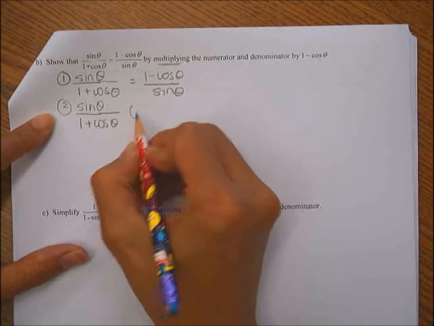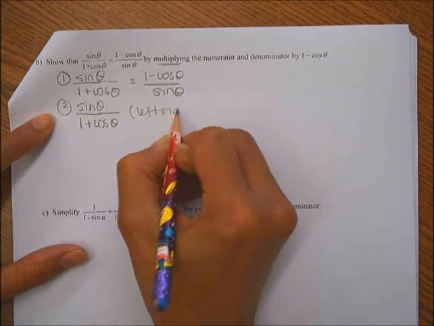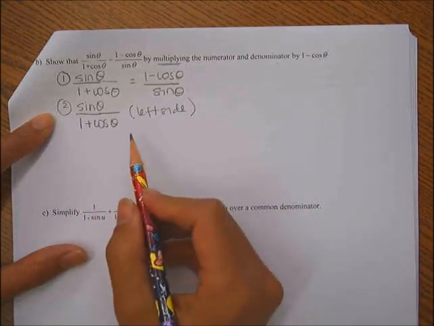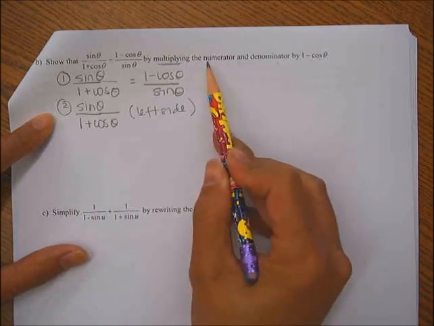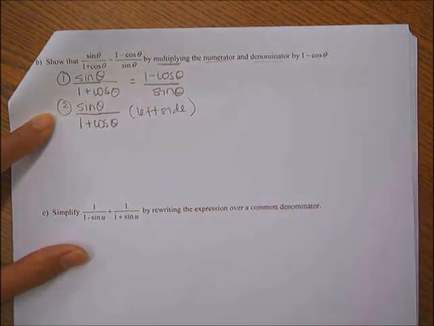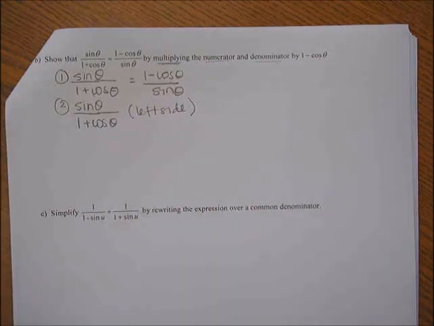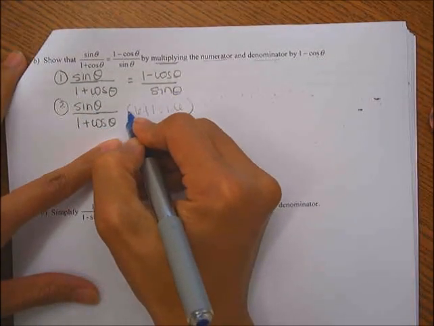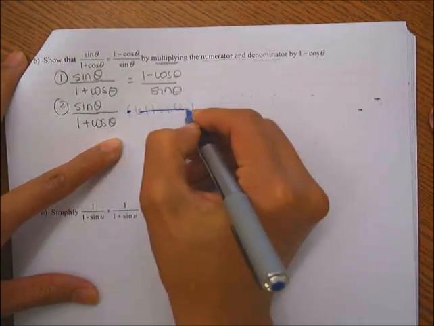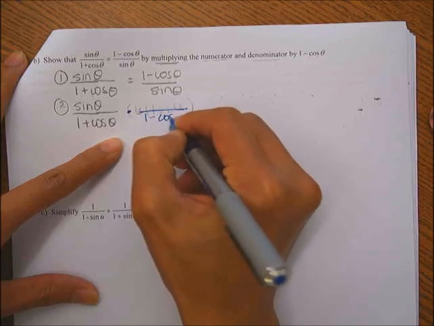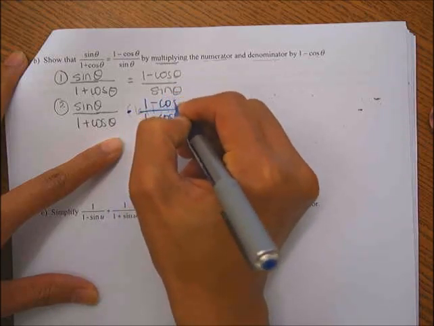In this case, I'm picking the left side. It says to multiply numerator and denominator by 1 minus cosine of theta. Let me erase this because I need to multiply. So multiply by 1 minus cosine of theta over 1 minus cosine of theta.